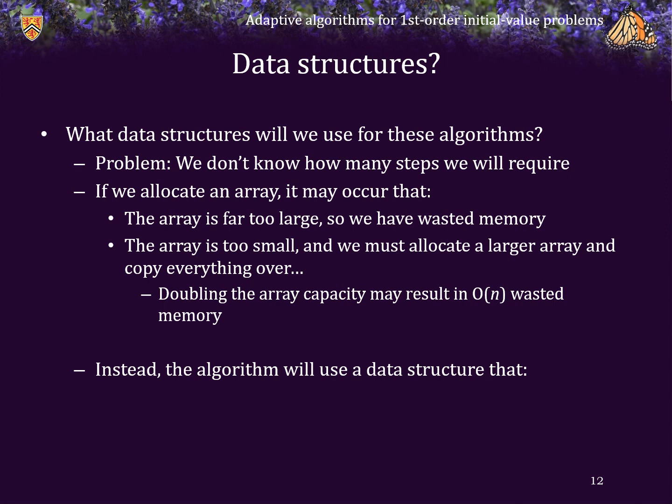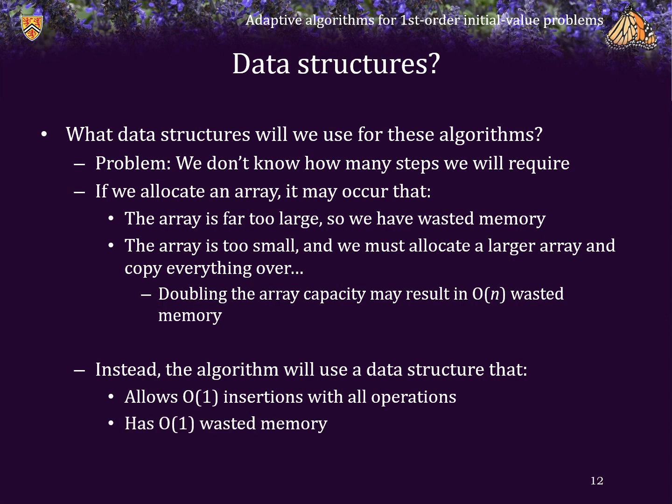Instead, this algorithm requires a data structure that, first of all, allows order 1 insertions with all operations. That's order 1 in time and in memory. Also, it must have order 1 wasted memory at any time.